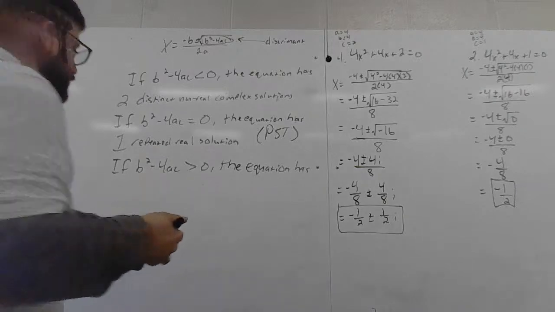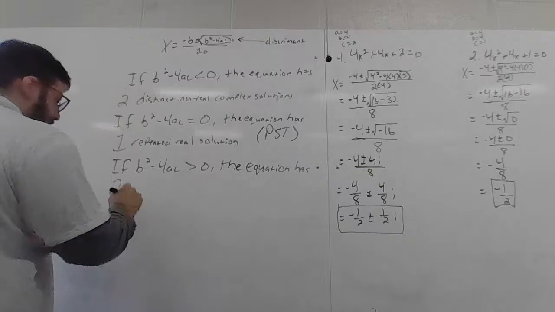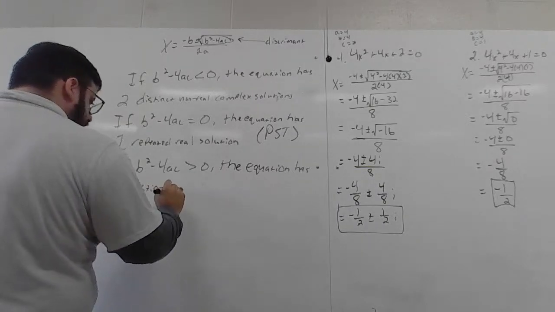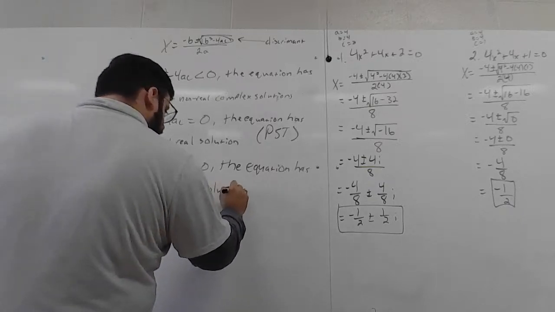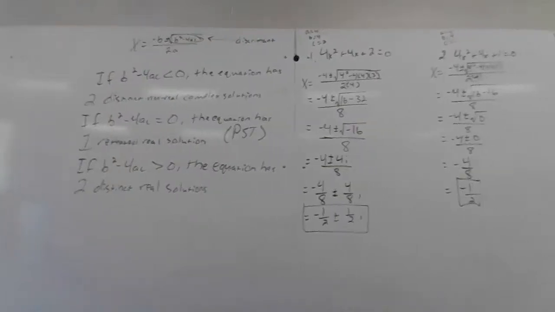They are going to be real number solutions. So if your discriminant is positive, then your equation will have two distinct real solutions. Okay? Two distinct real solutions. Three different cases for three different types of solutions a quadratic equation will have.